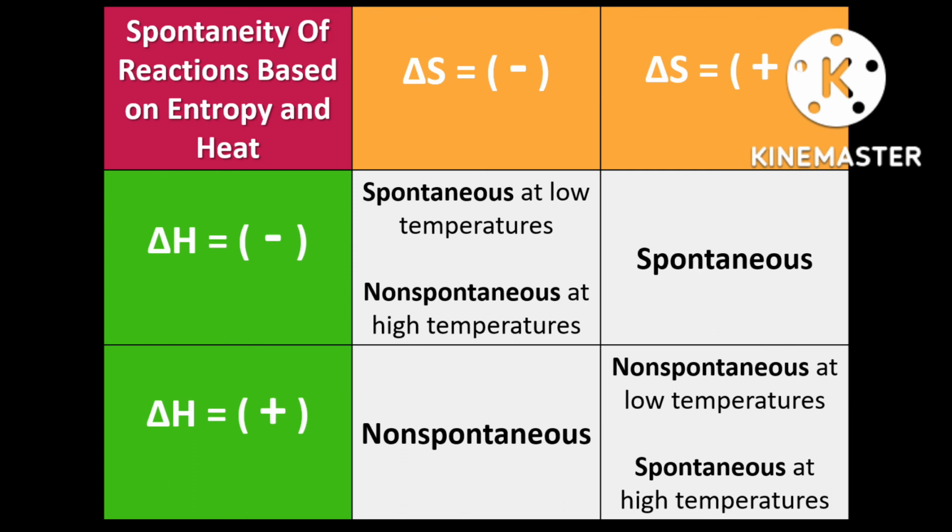We already know that for reversible and irreversible expansion, delta U is equal to 0. We have discussed all these things.